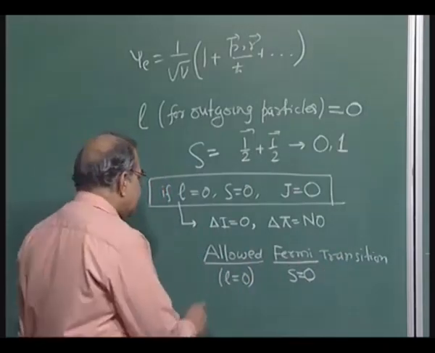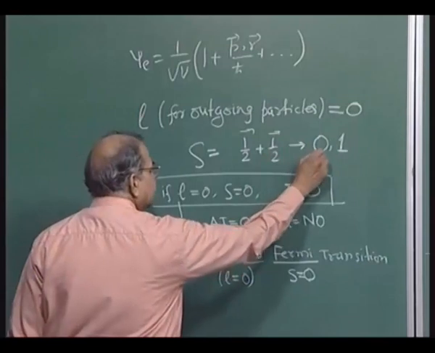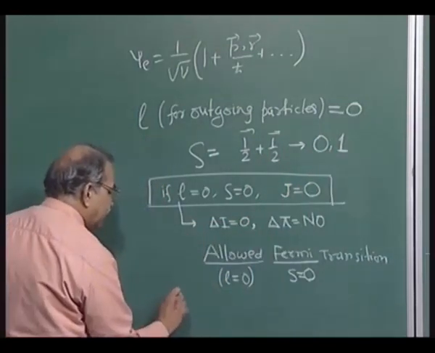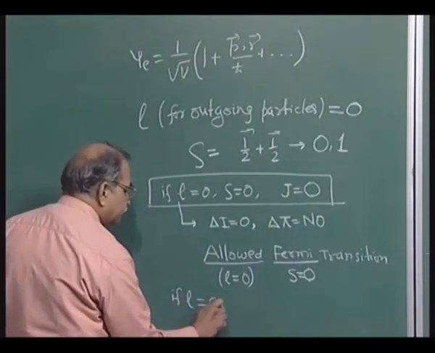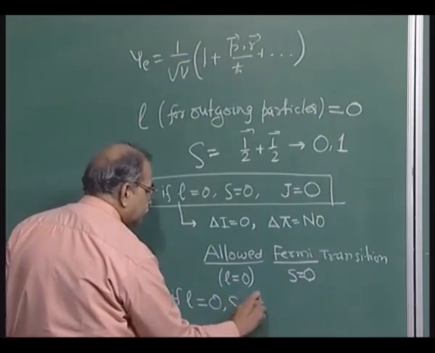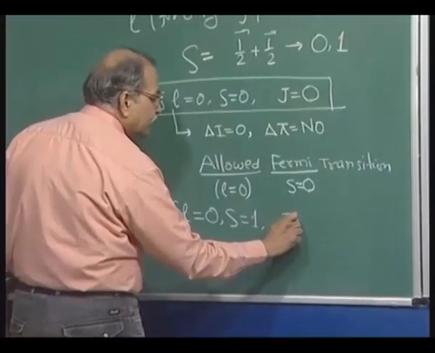The other possibility is where S is 1, so S can also be 1. So, if L is equal to 0 and S equal to 1, in that case J will be 1.